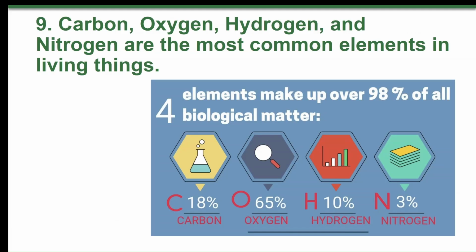Next slide says that carbon, oxygen, hydrogen, and nitrogen are the most common elements in living things. These four elements right here make up over 98% of all biological matter.